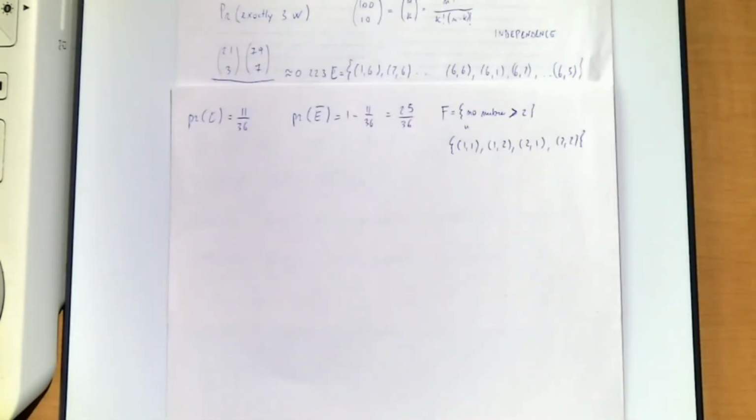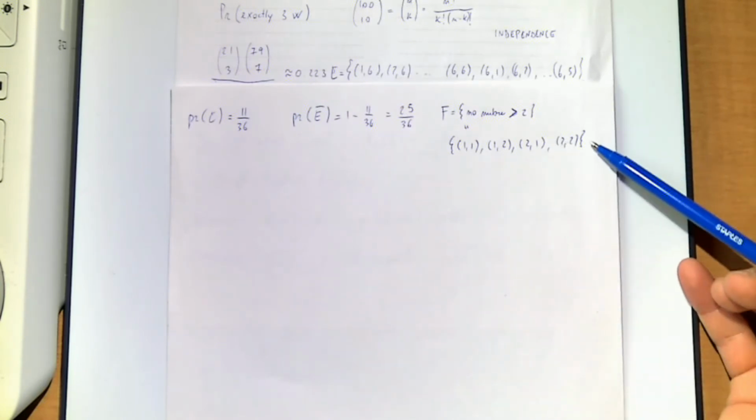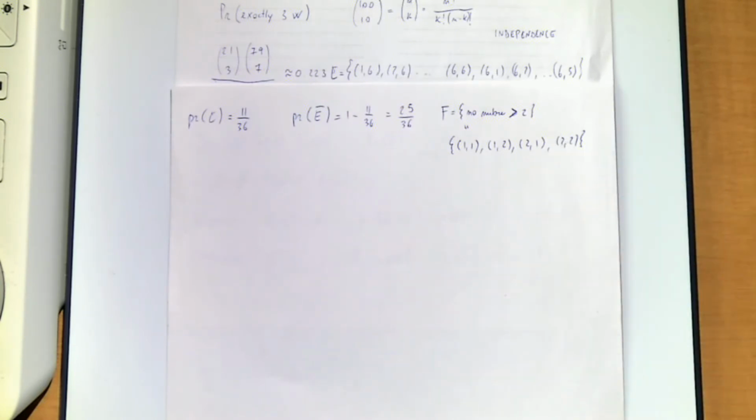Now, of course, you can see the two events in terms of sets. Sometimes, in fact, I was saying most of the times, you can't write the sets explicitly. You have to think about it.